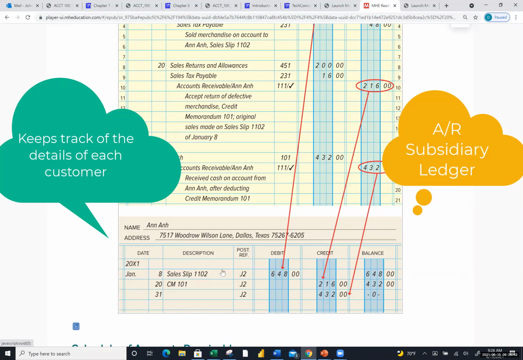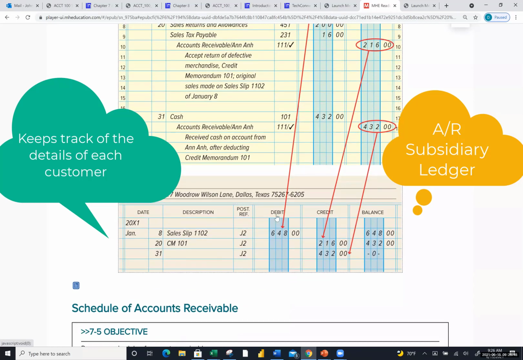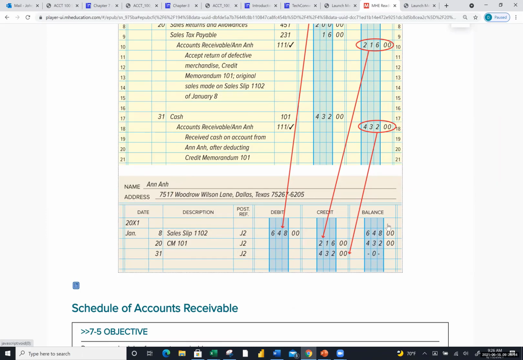These would be kept in alphabetical order. There would be one for each customer. And on this one for Anne, they are showing how much she owes. So if Anne calls in at any given date, if she calls in on January 8th and says, what's my balance? You could tell her, oh, it's 648. If she calls back on January 20th or 21st and says, what's my balance?